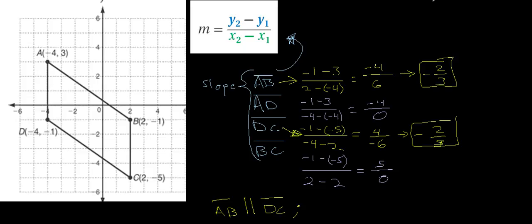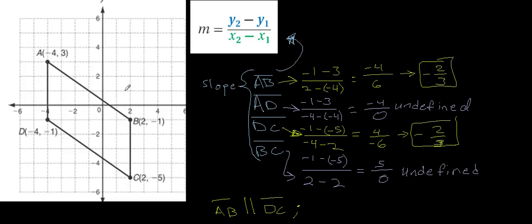Another interesting fact is the slope of line segment AD and the slope of line segment BC have zeros in the denominators. That means these are undefined slopes, and undefined slopes are actually vertical lines. When you have two vertical lines, they are parallel, just as horizontal lines would be.